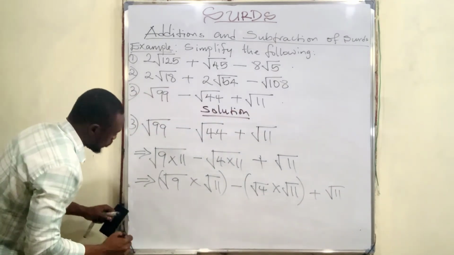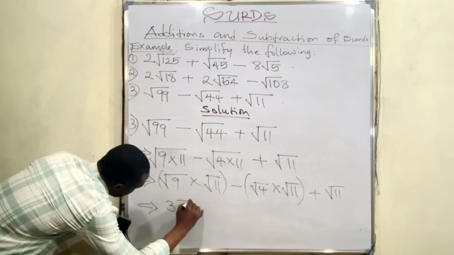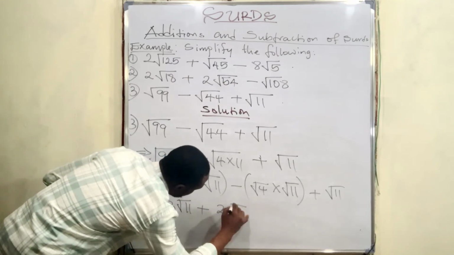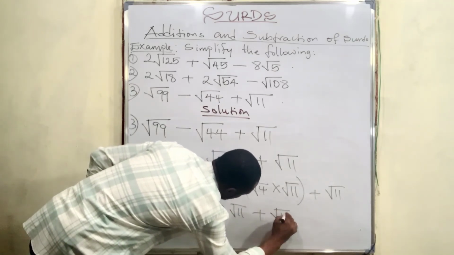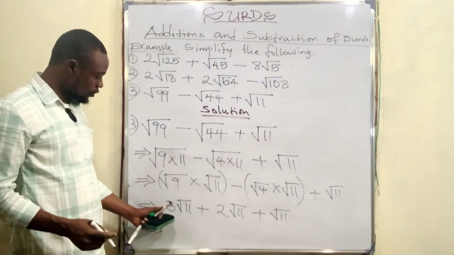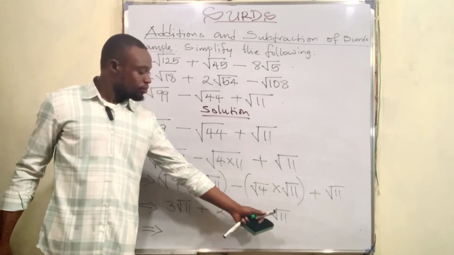All right, so the root of 9 is 3, so this is like 3 root 11 minus 2 root 11 plus what? The root of 11. Now this has a 3 here, this has a 2 here, that means this particularly has 1.